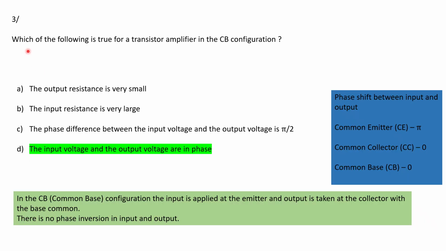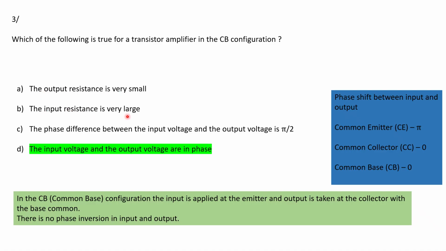Let's come to the third question: which of the following is true for a transistor amplifier in the CB configuration, and here CB refers to the common base configuration. We have a transistor whose base is common with the emitter and the collector. The first option says the output resistance is very small, that is wrong.